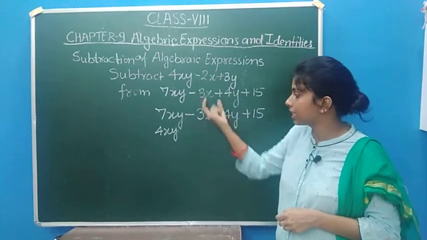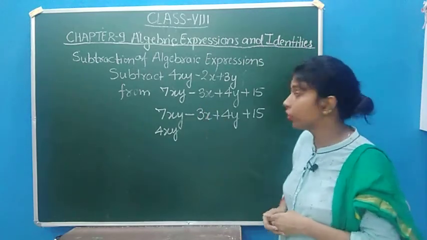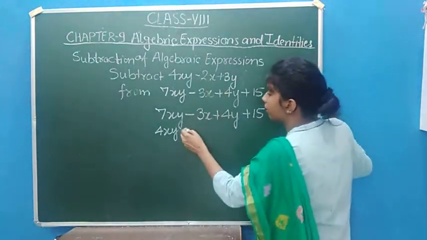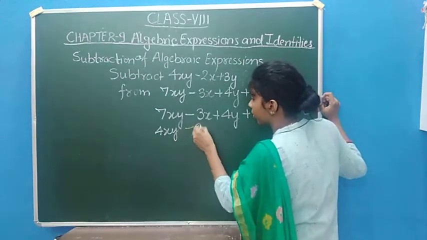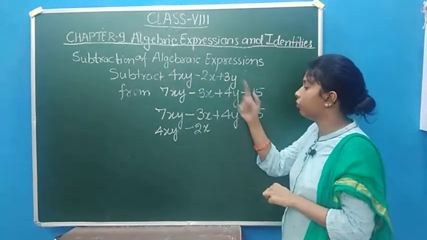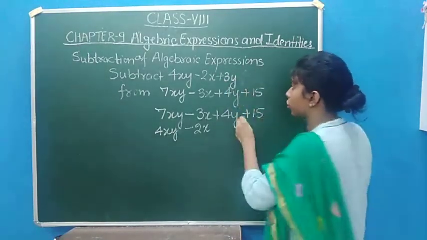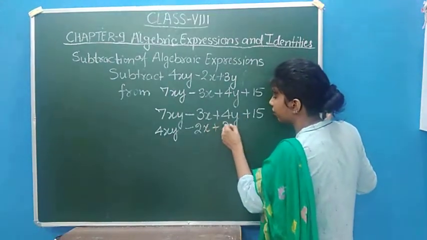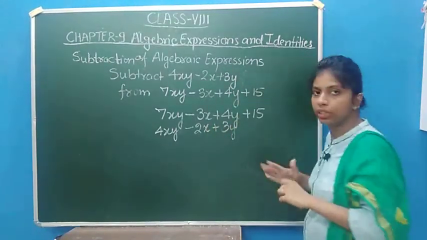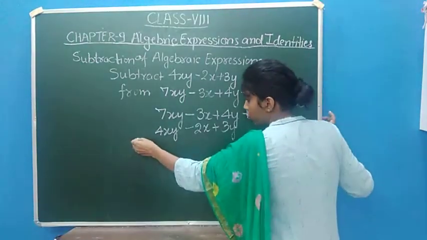So we arrange it like this so that the same variables come together, so here we have minus 2x. Now the next term is plus 3y. The variable is y, and here we also have y, so we write 3y. After that we don't have any term, so that's all. After that let's do the subtraction.